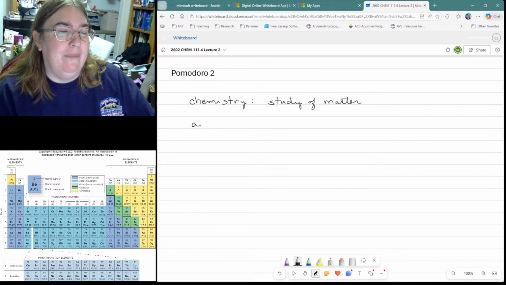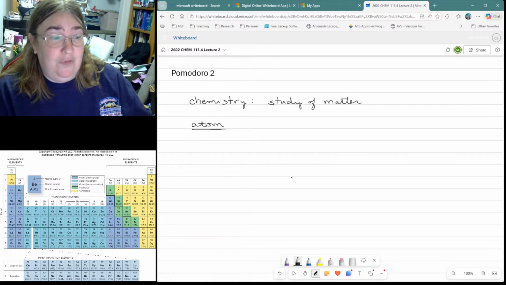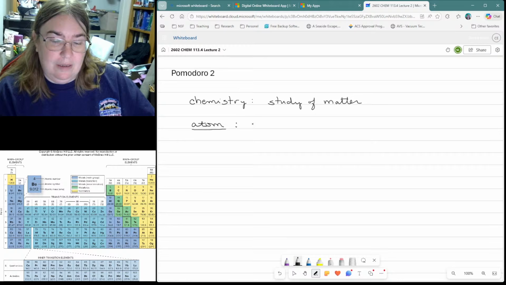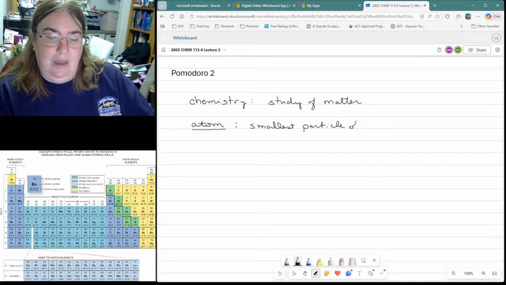So, atom. That comes from a Greek word, but it's basically the smallest. And even here, the book that I've got says it's the smallest particle of an element.